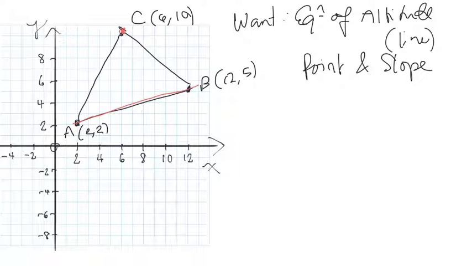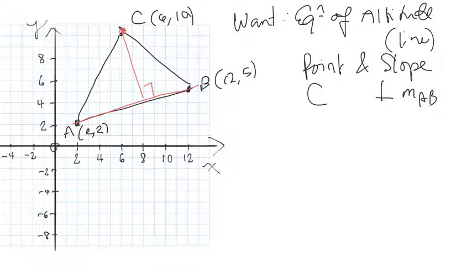So when I draw it in, I don't know exactly where it's going to be, but the altitude has to drop down and meet that line at a 90-degree angle. Okay? So the point that I want to use here has got to be the point C. I know that point is on this altitude. And the slope, well, I don't know the slope yet, but I know the slope is going to be perpendicular to the slope of line segment AB. So that's where I'm going to get my slope.